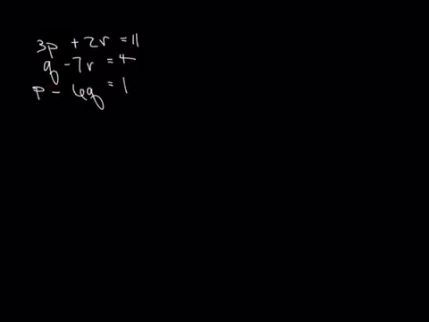In fact, let's use this one right here. Like I say, it doesn't matter, but I would pick one of these two. This one doesn't have a number in front of it, and this one doesn't, whereas both of these do. So these two would be easier. So let's take this one, and we're going to write it as Q equals 7R plus 4.